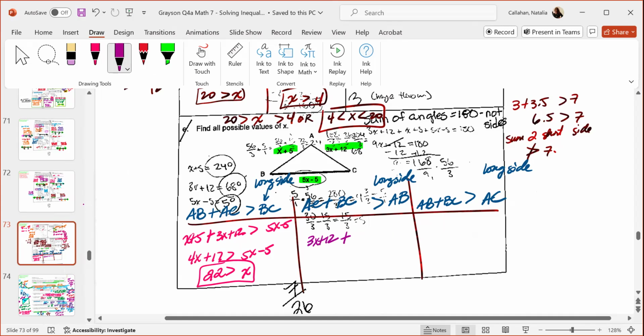I screwed this up. 8x plus 7 is greater than x plus 5. 7x, negative 2, x is greater than negative 2 over 7. Well, you can't have a negative, right? So for this one you just put undefined or not possible, whatever, okay? So we're not going to use that one.